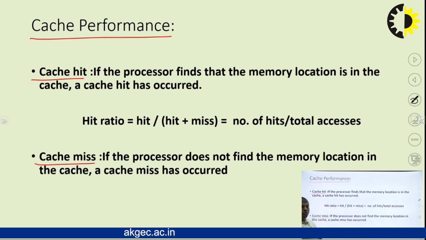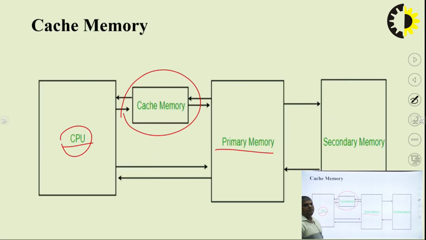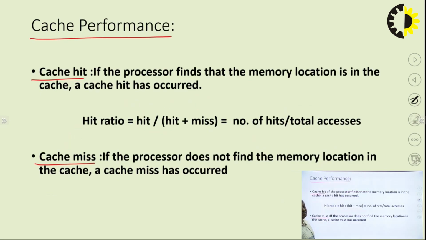If the CPU asks for data and instruction from the cache, and the data or instruction is found in the cache memory, then this process is known as a cache hit. And if the data is not found in the cache, then this process is known as a cache miss.